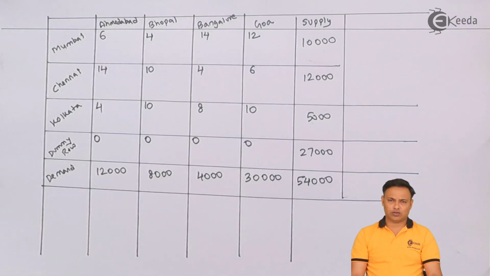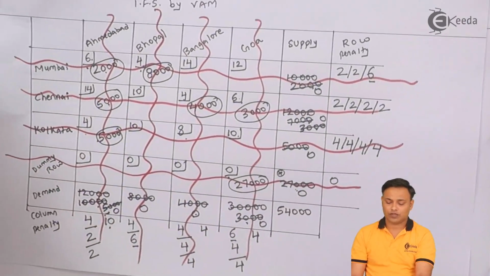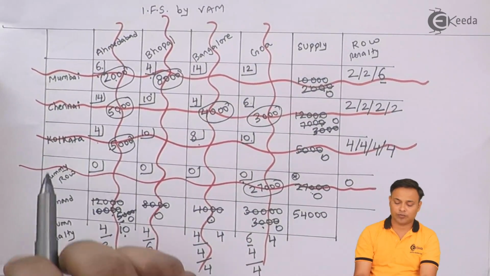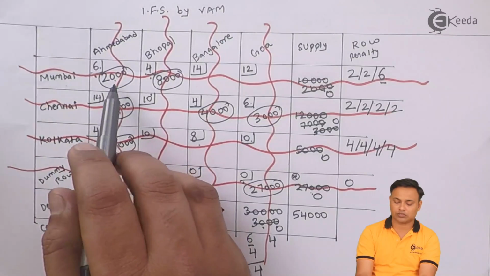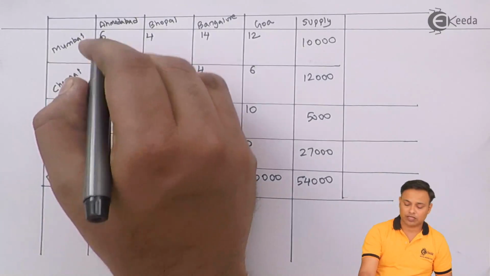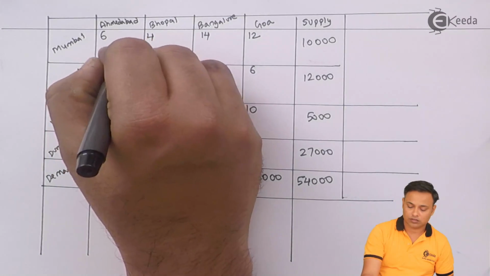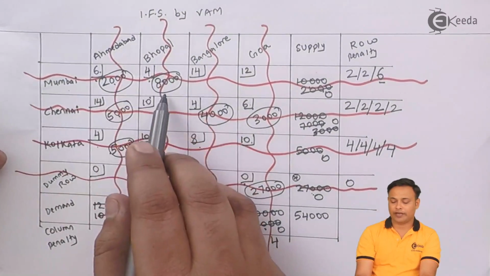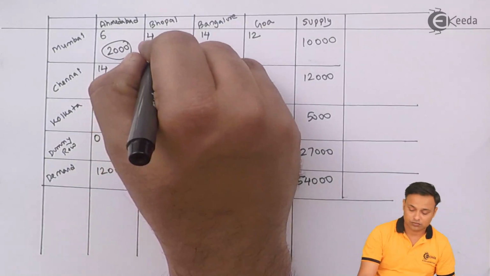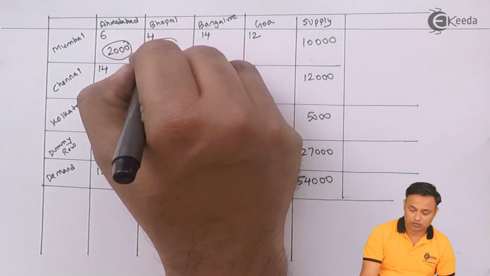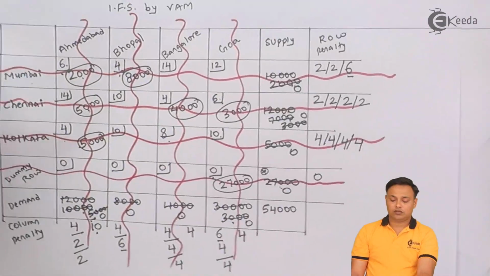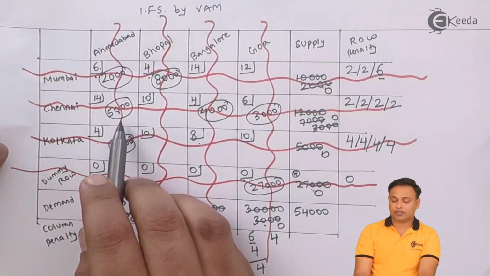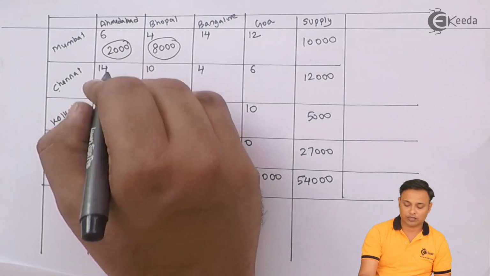We have the initial solution. Let's see what was the solution. As per the initial solution, I was supposed to supply from Mumbai to Ahmedabad 2000 units. Mumbai to Bhopal 8000. Then we have Chennai to Ahmedabad 5000.